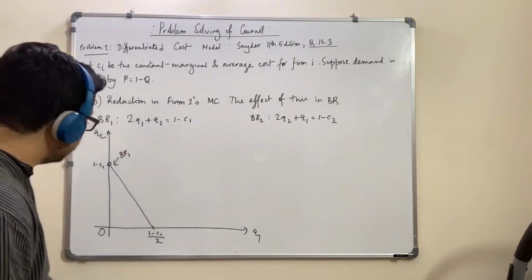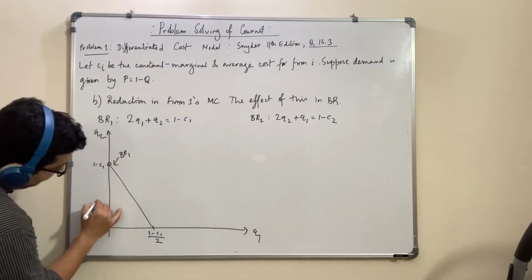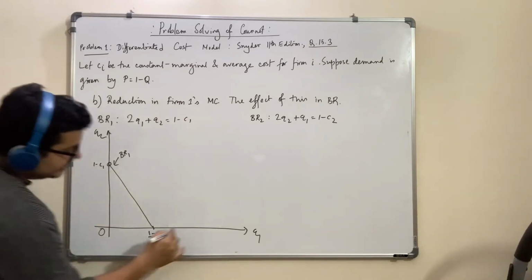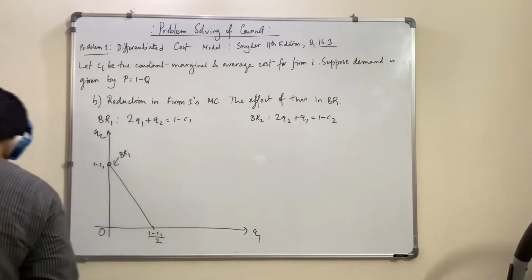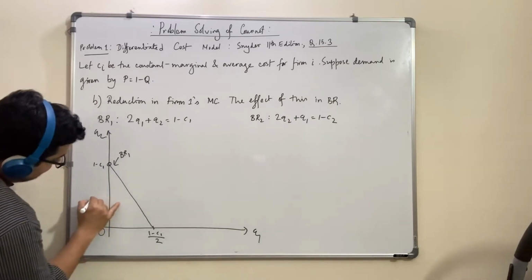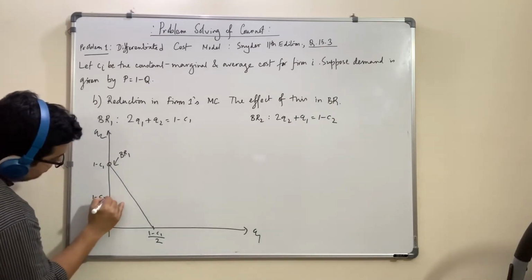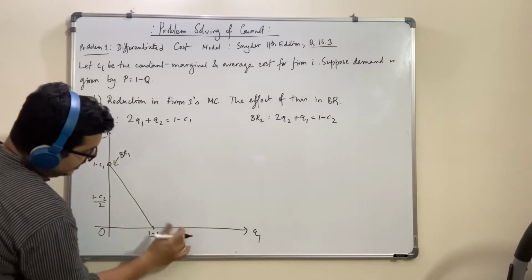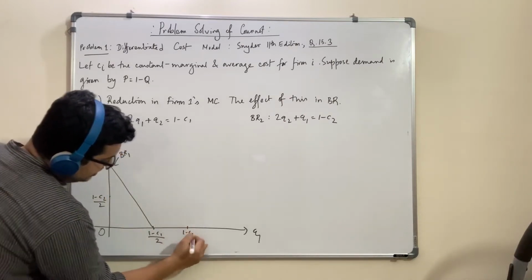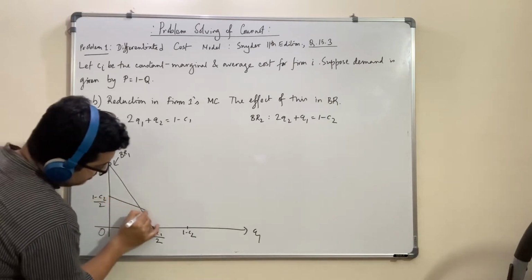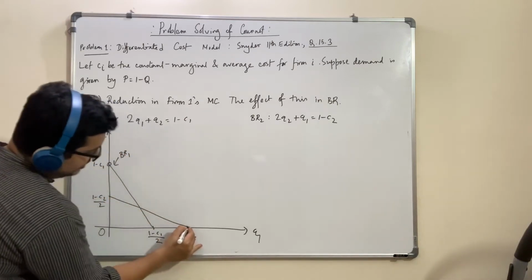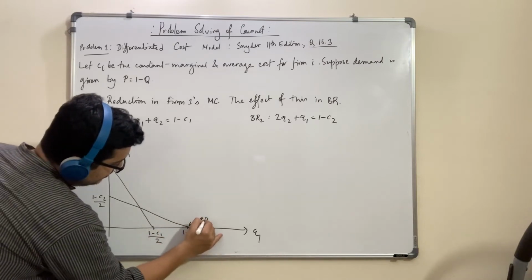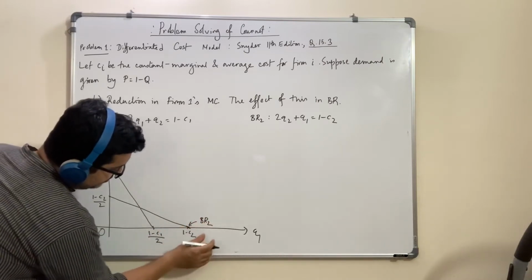Okay, now best response 2. So let me just draw it casually, right? So this is, let's say, 1 minus c2 by 2, this point. Then somewhere here will be 1 minus c2. So this is my best response 2.